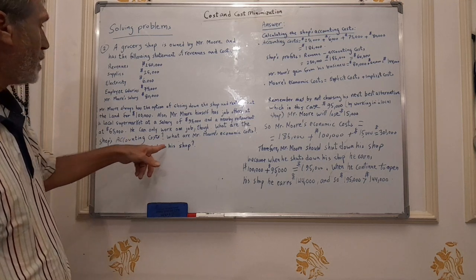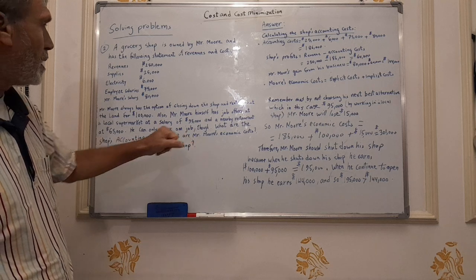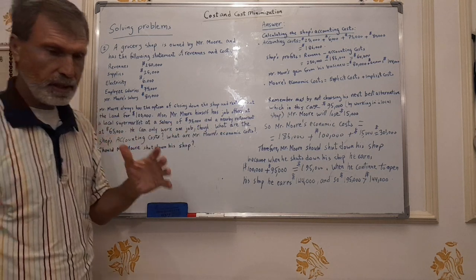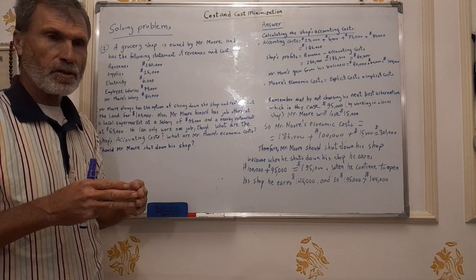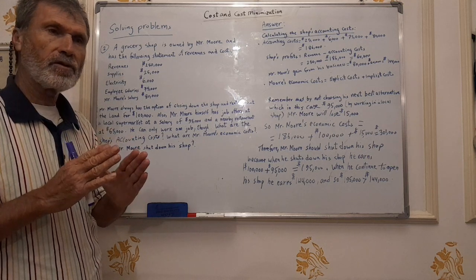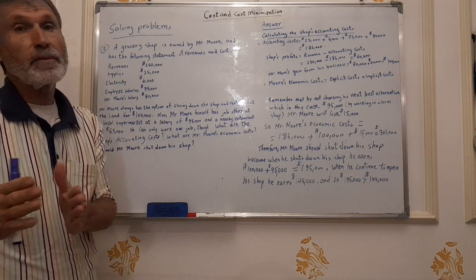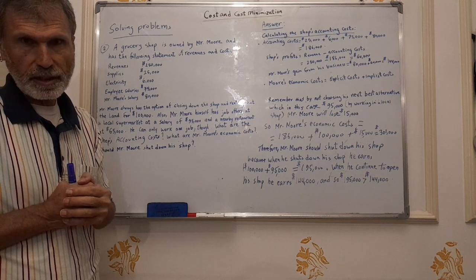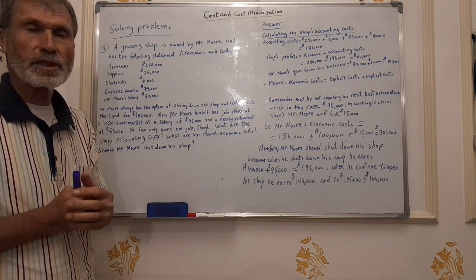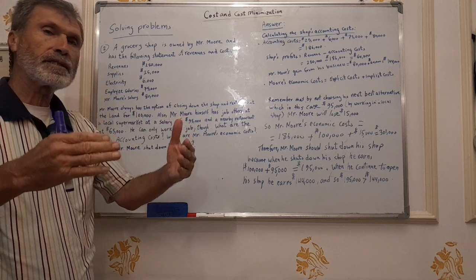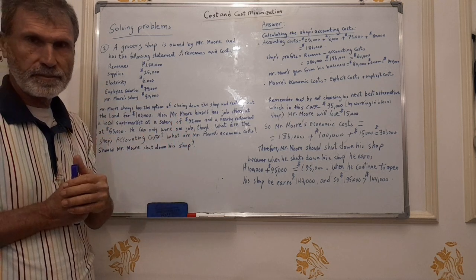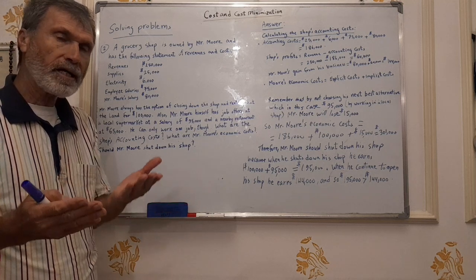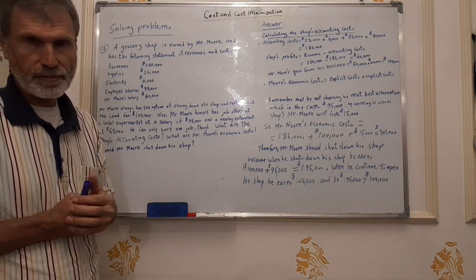Okay, first we need to find the shop's accounting cost. Remember, accounting costs refer to the costs that appear on accounting statements, which include explicit costs that have been incurred in the past. And you know that explicit costs involve direct monetary outlays.